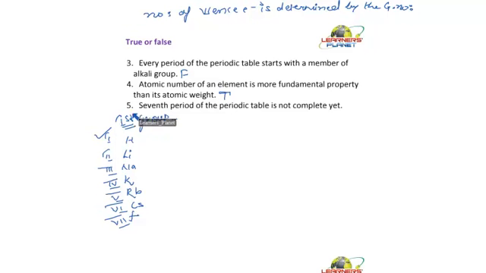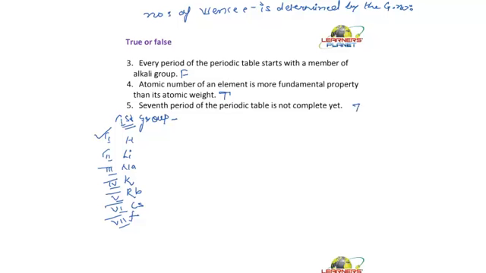Now let's move to the fifth question. The seventh period of the periodic table is not complete yet. Is it the thing? Yes, it is not yet complete.